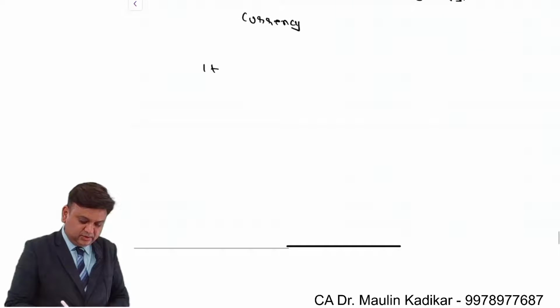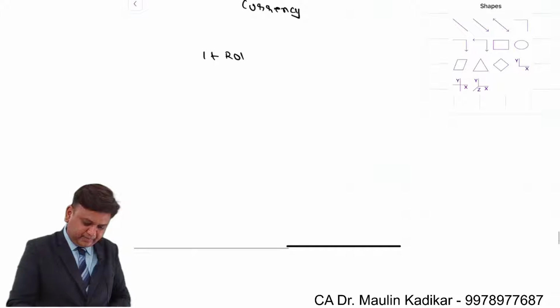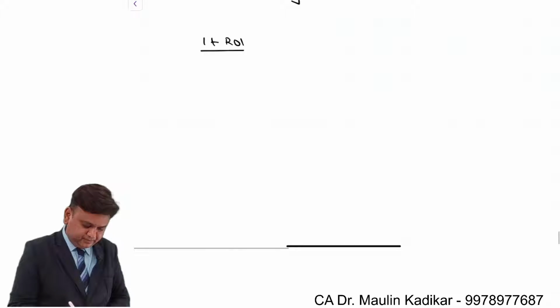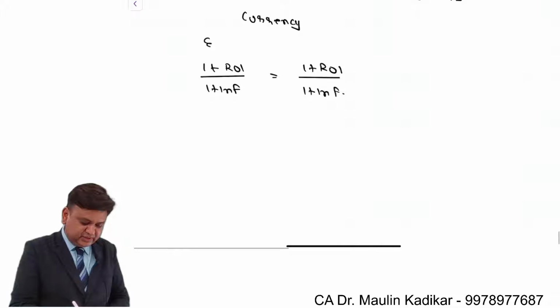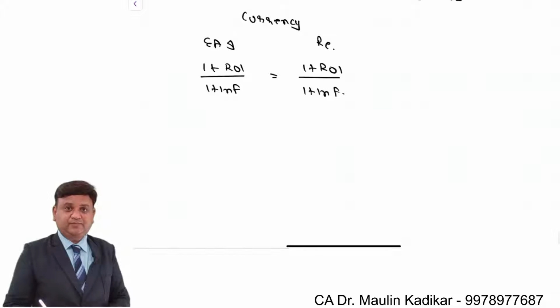It is 1 plus rate of interest divided by 1 plus inflation rate. This is equal to 1 plus rate of interest divided by 1 plus inflation rate. One is for the East African dollar, and another is for the rupee currency.